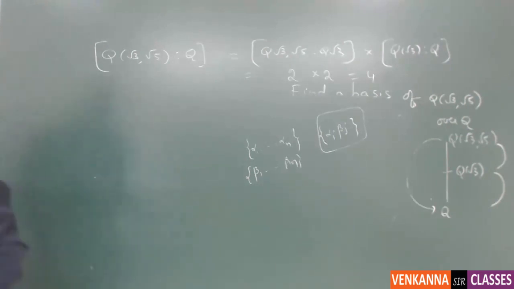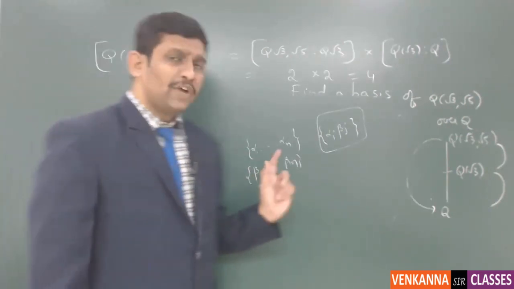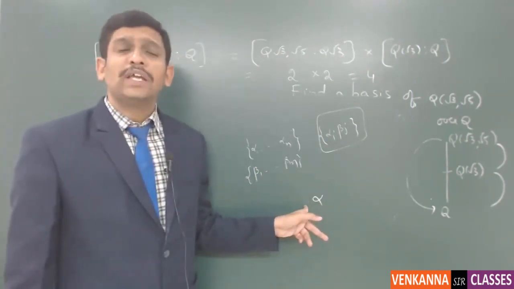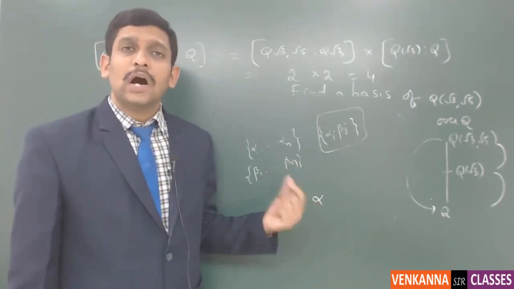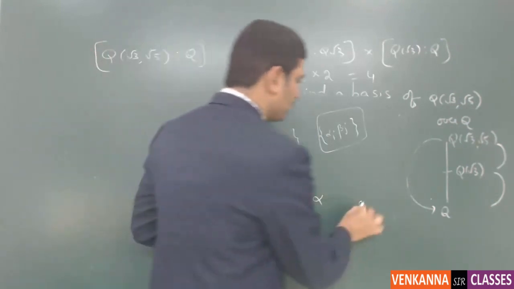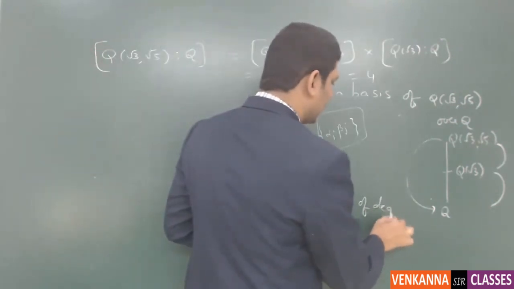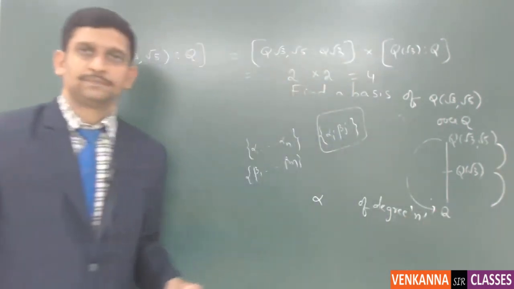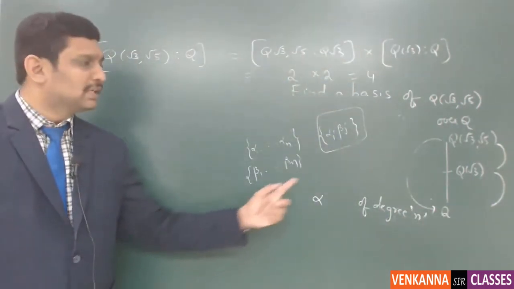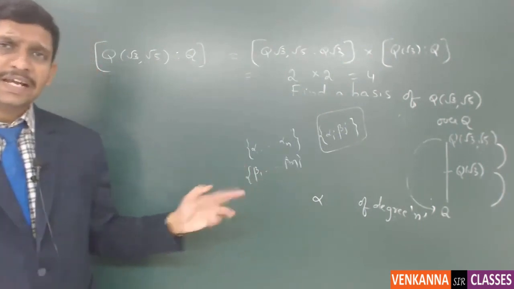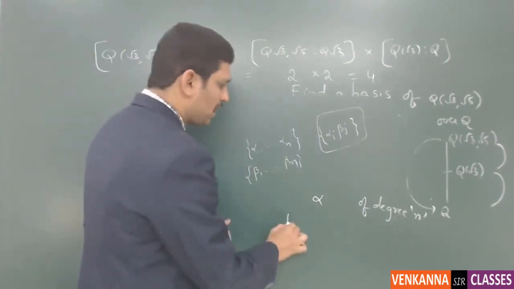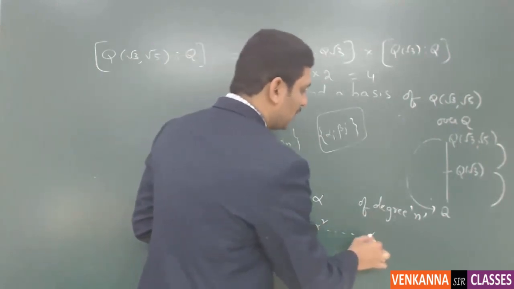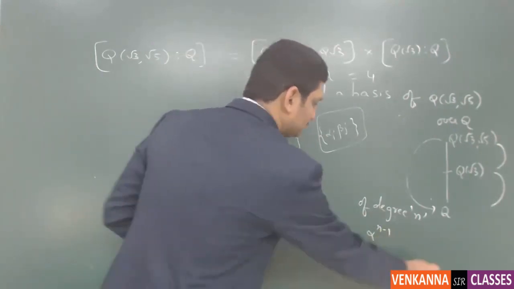And one more thing is, whenever you say that alpha is a root of a polynomial of degree n, then the basis will contain the values of the form 1, alpha, alpha square, so on, alpha power n minus 1.